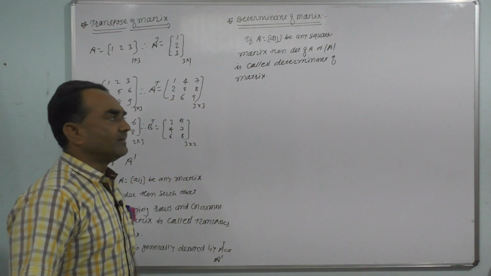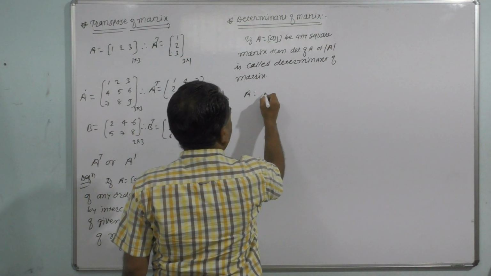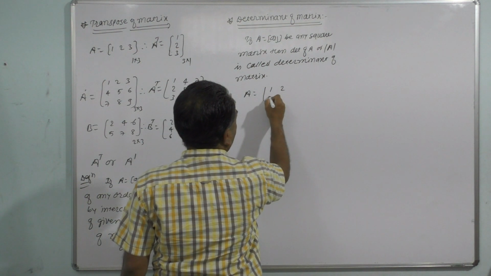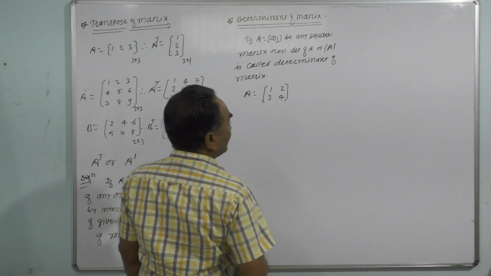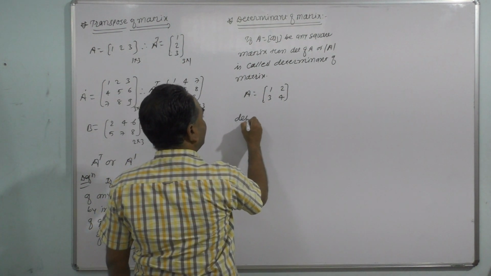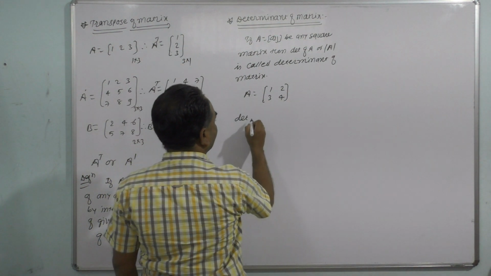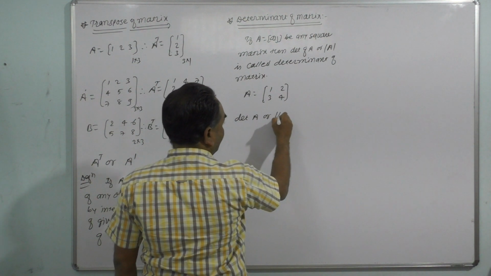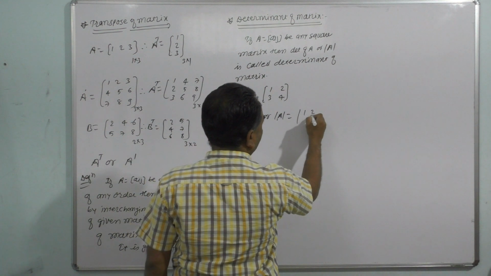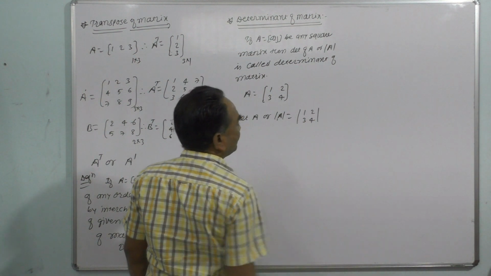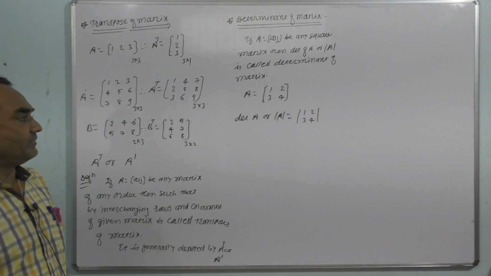Okay, for example, A is equal to [1 2; 3 4]. Determinant of A, det of A, is equal to |1 2; 3 4|. Okay, this is called the determinant of the matrix.